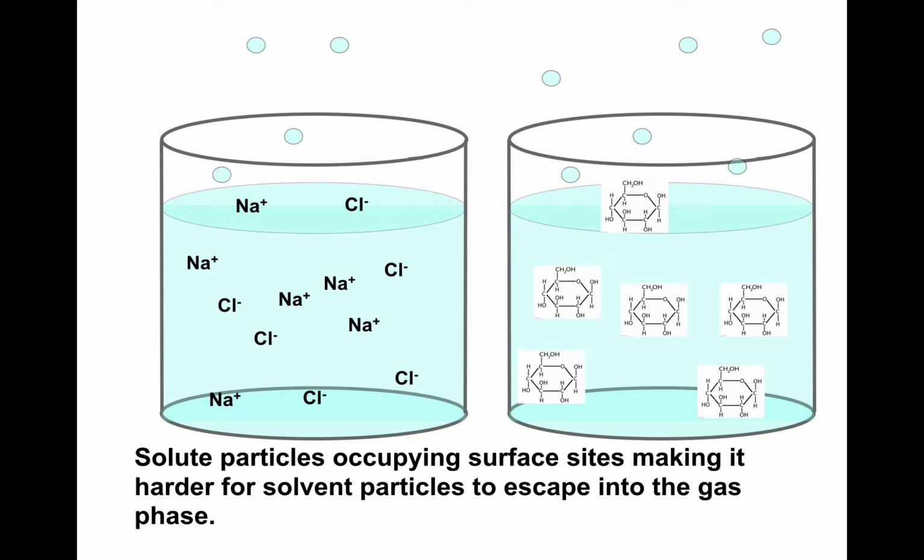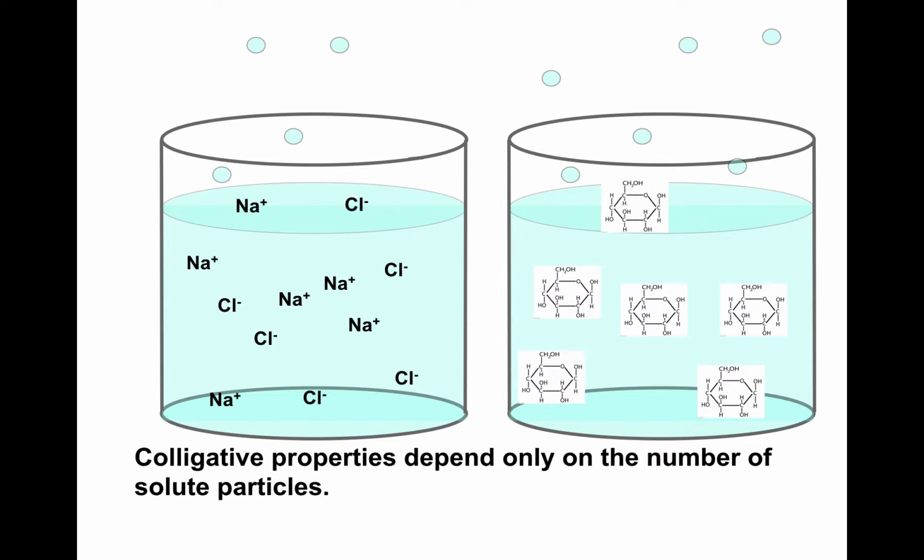Now, notice I put sodium chloride in the one container and sugar in the other. It doesn't matter what kind of particle it is. It only matters how many particles. So with sodium chloride, you're getting twice the vapor pressure lowering effect because you're getting twice the number of particles.